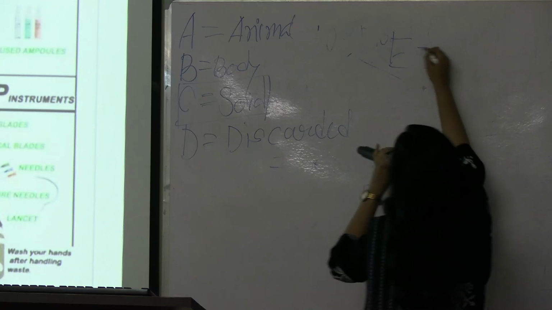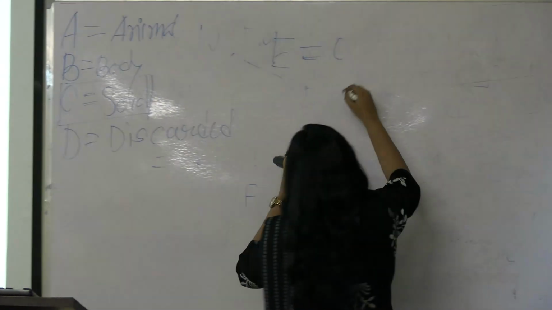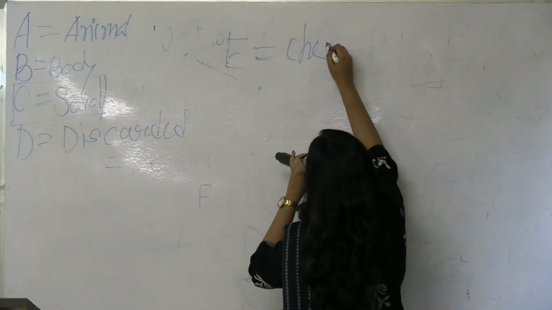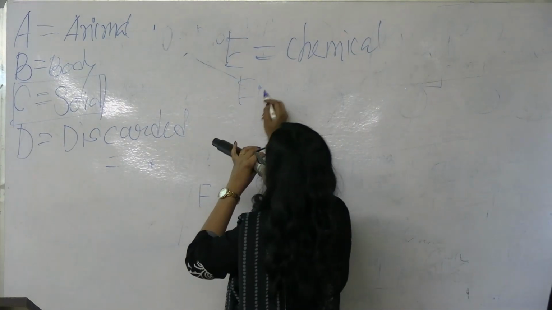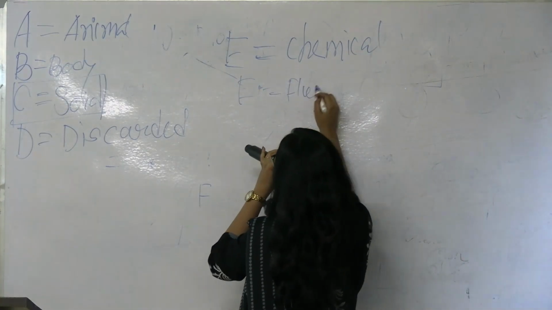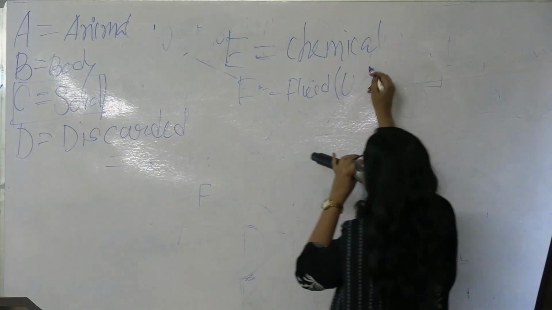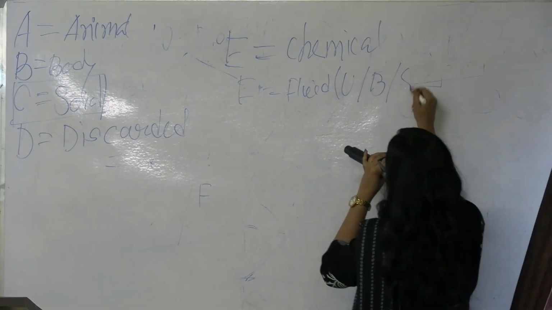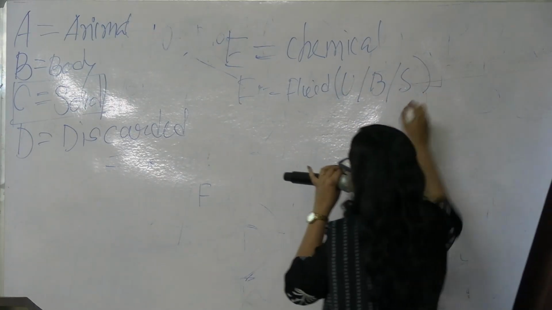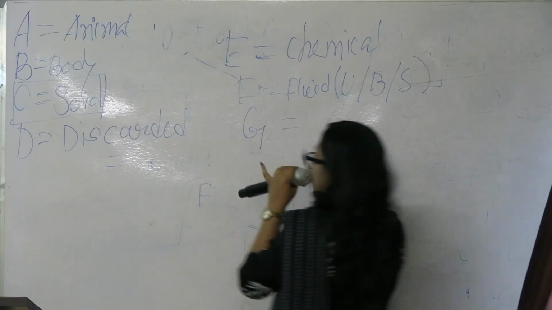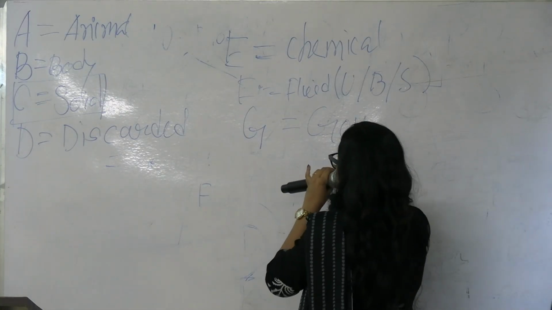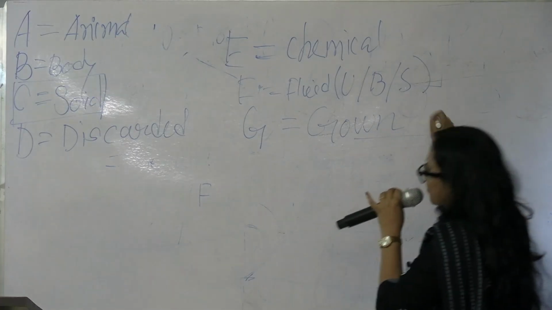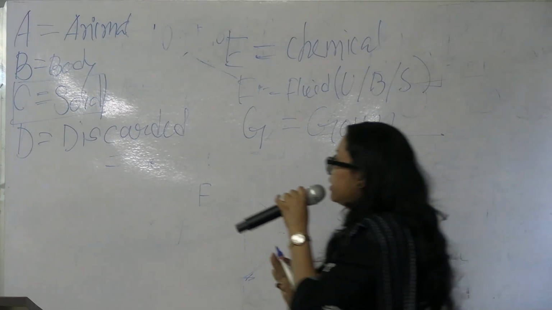E, you have to cheat here and write it as C, meaning chemical. F is fluid. What are the fluids? These are urine, blood, sputum, etc. G is not gloves. Remember, it is not gloves, it is gowns, nylons, these things. So this is for yellow.